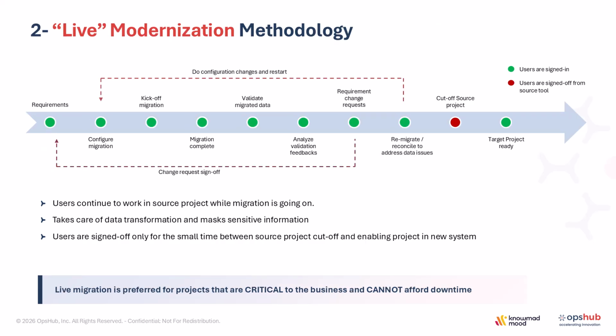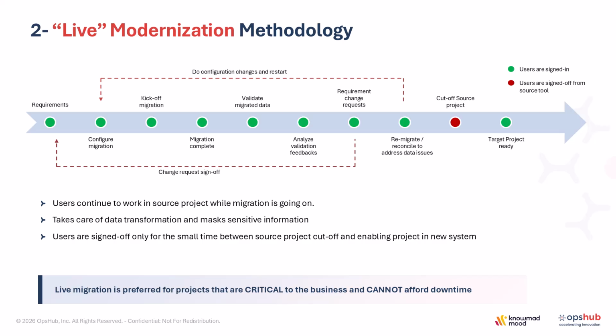So with OpsHub, what we are able to do is actually do what we call live migration. The core behind it is that you don't need people to stop working in the source system at all. So people can keep working. We can do the migration, do all the validation, do all the changes.